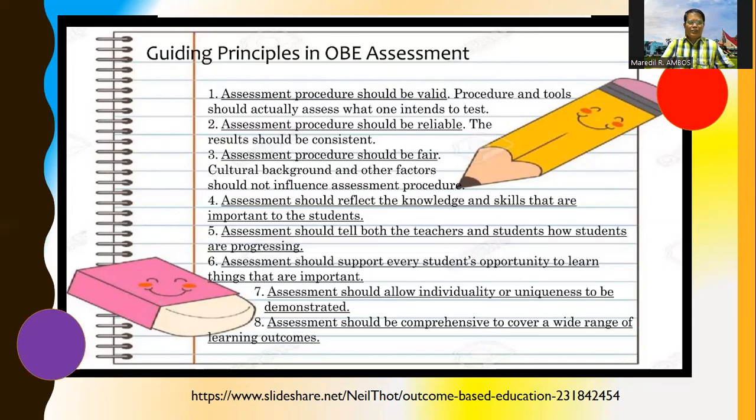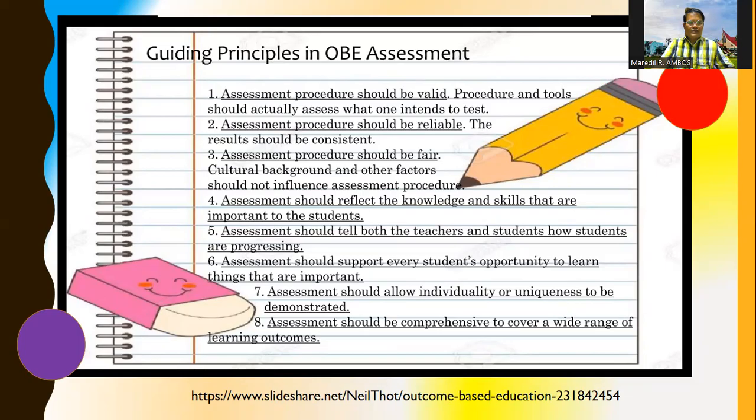Third, assessment procedure should be fair: cultural background and other factors should not influence it. Fourth, assessment should reflect the knowledge and skills that are important to the students. Number 5 is that assessment should tell both the teachers and students how students are progressing. So the question is, are the students progressing?